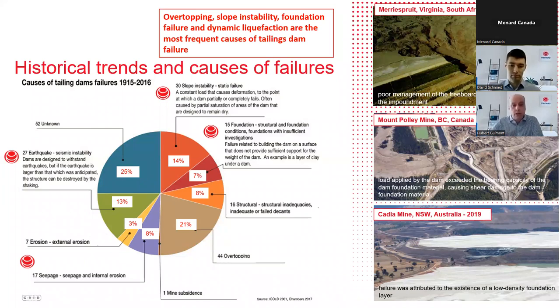When you look at the different types of instability, you can see that the foundation and stability concerns are one of the most critical modes of failure. I've put little signs here of where Menard can work on different solutions. Of course, we can work on static failure, earthquake and seismic instability, improving the foundation, but also on seepage and internal erosion, by building a cutoff wall, for example.